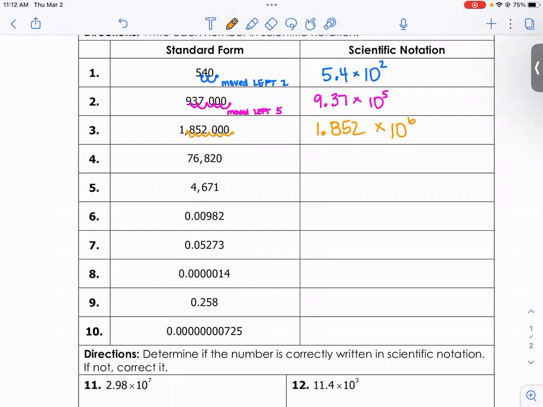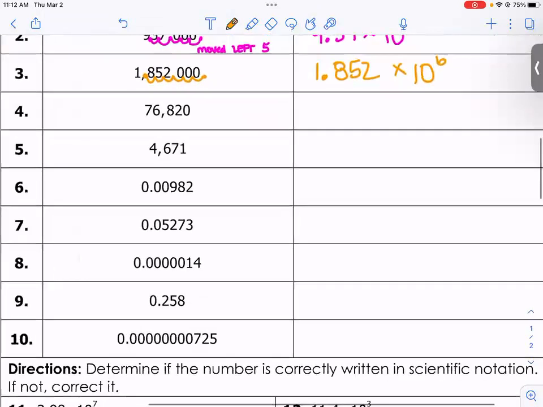Okay, so just for good measure, let's do number 4 together. Here's our decimal at the end. Where am I aiming for? What two numbers do I want this decimal to be between? 7 and 6. Okay, so we're going to go 1, 2, 3, 4 times.